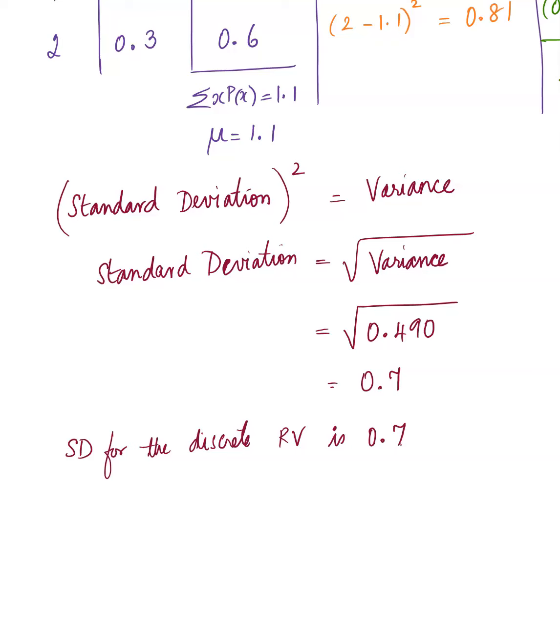What was the definition? 0.7 number of days per week. So it's 0.7 number of days per week that will deviate from the mean, which is 1.1. So it will be up or down from this 1.1, which is the mean, by 0.7. Their spread can be 0.7 in either direction, above 1.1 by 0.7 or below 1.1 by 0.7.